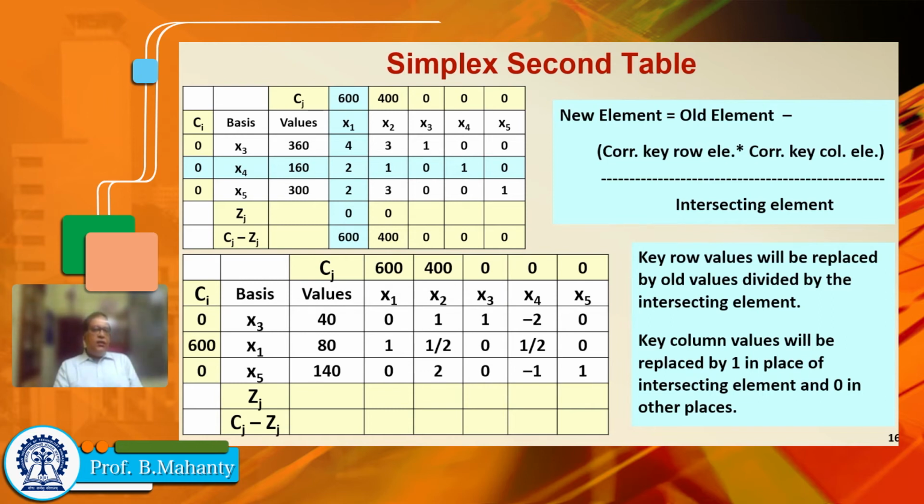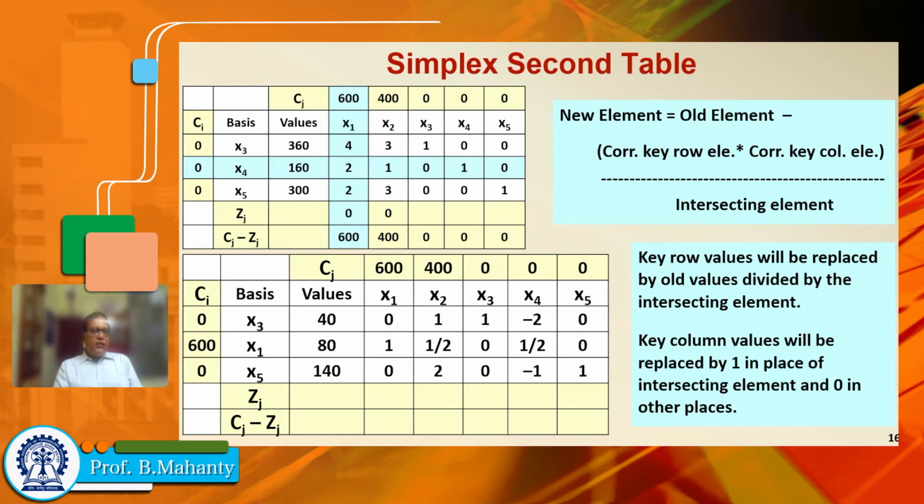So this 360 will become how much? 360 minus 160 into 4 by 2. How much is that? 160 into 4 by 2 equal to 160 into 2, 320. So 360 minus 320 equal to 40.